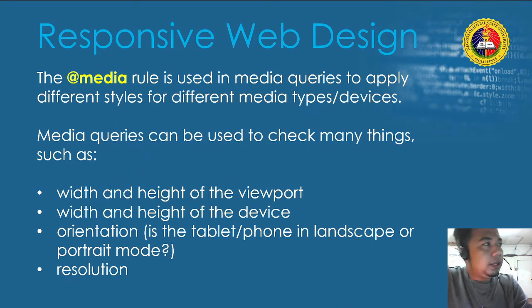So in adding responsiveness to our website, we will be using the @media rule in CSS. The @media rule is used in media queries to apply different styles for different media types or devices.